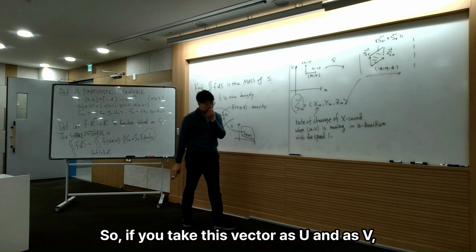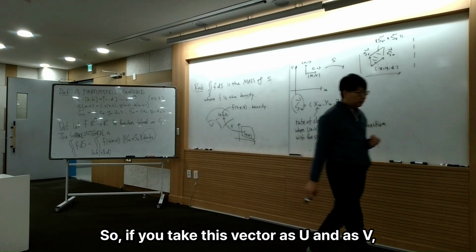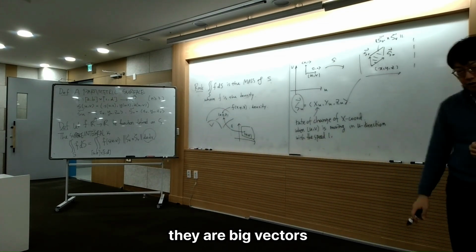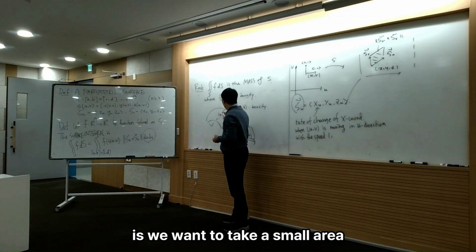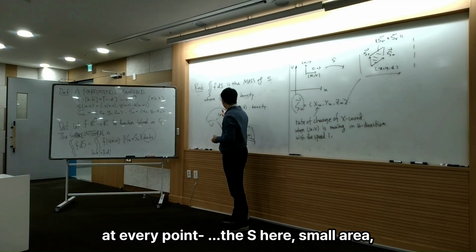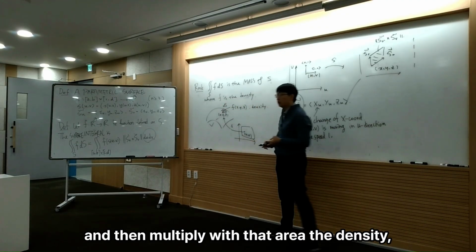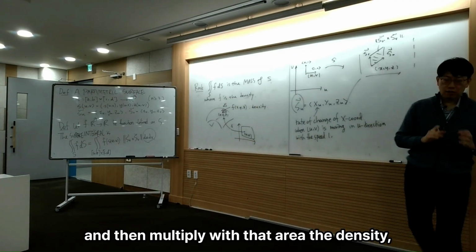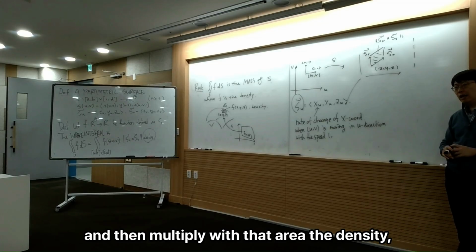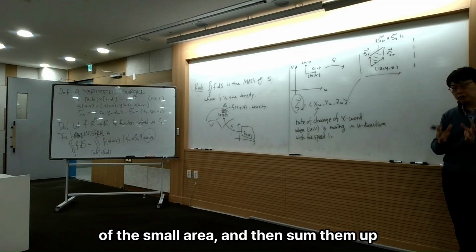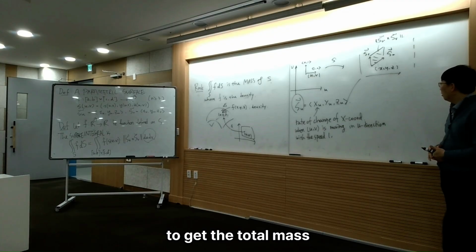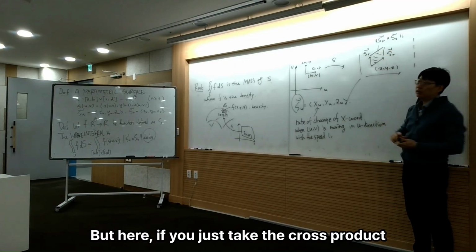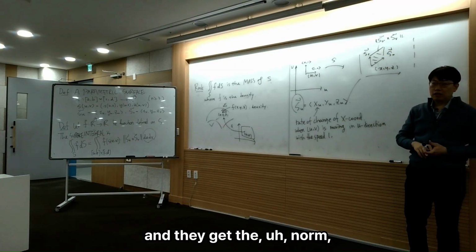So if you take the vectors S_u and S_v, they are big vectors. But what we really want is to take a small area at every point, and then multiply that area by the density, and get the small mass of the small area, and then sum them up to get the total mass. But if you just take the cross product and get the norm, it's a big mass.